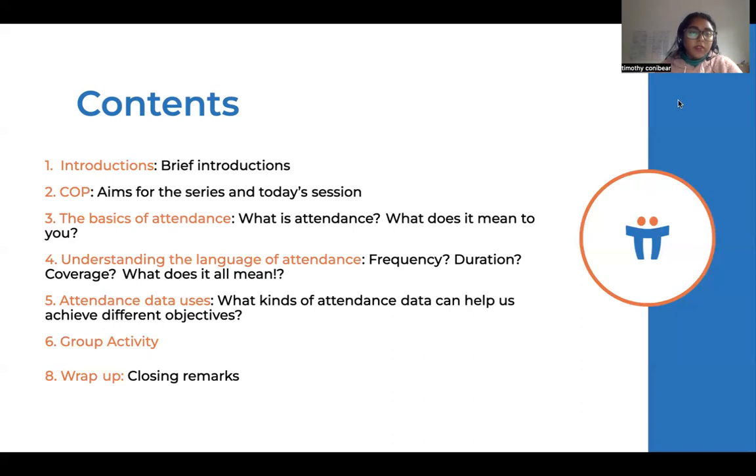And then we'll unpack it a bit more by looking into practical examples to understand the language of attendance. So frequency, duration, coverage, what does it all mean? And then we'll look at attendance data users. So what kind of attendance data can help us achieve different objectives? And then just before we wrap up, we'll do a short group activity and then have our closing remarks.